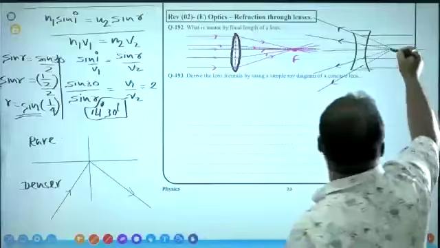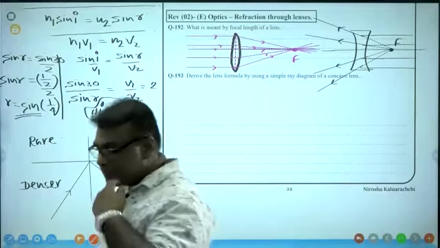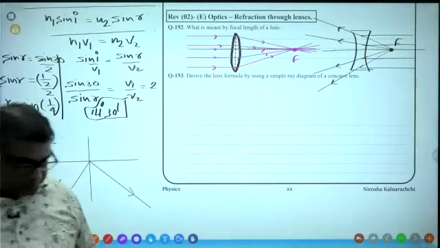This is called the focus. Note it down. Copy both the diagrams.